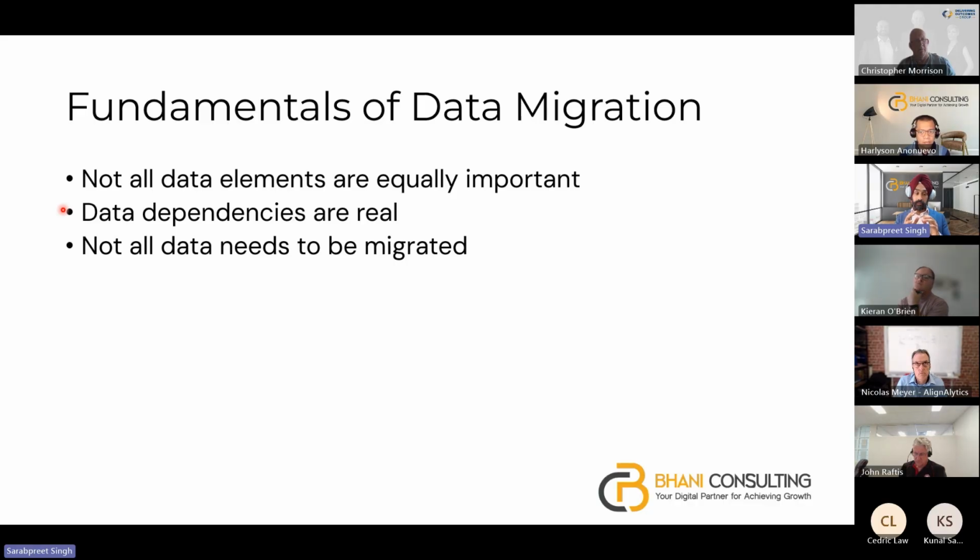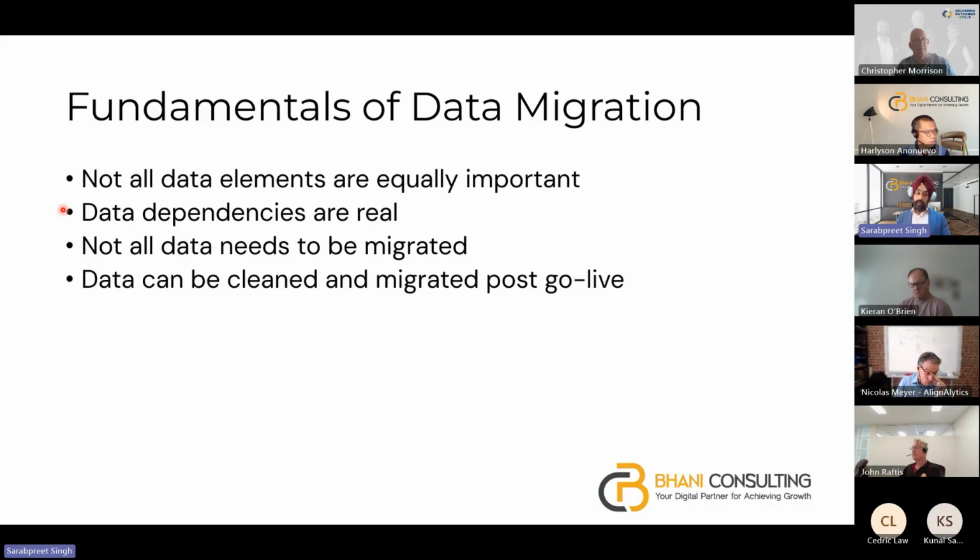So that is not in scope. In other words, we do not have to migrate the entire data set. Historic data is very common, common knowledge. But the key message is there are multiple other things we can consider not migrating, and these questions should be asked from a scope side.